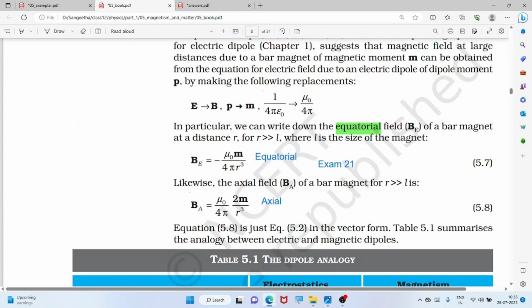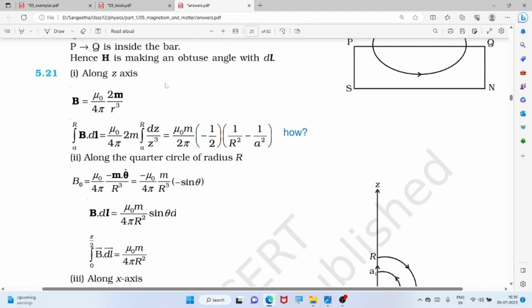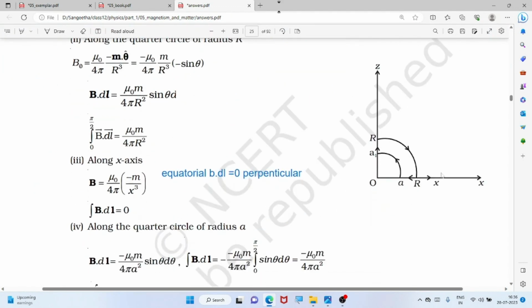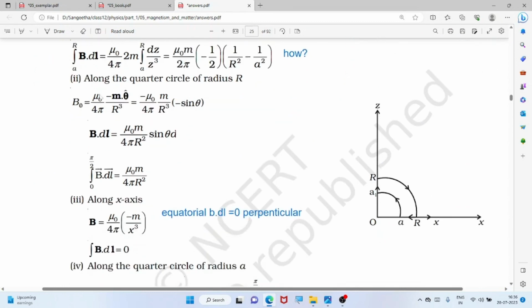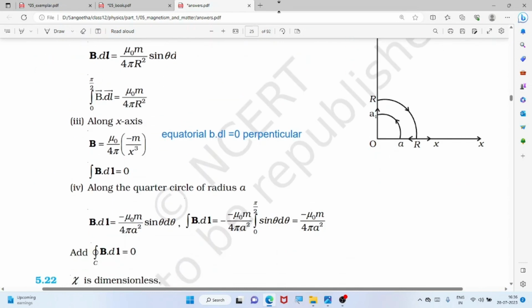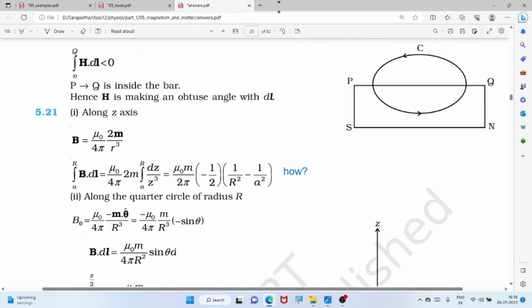Axial will be double the equatorial one. So that is 5.21. Here is the diagram, and various axes they have given, along the z axis and along the x axis. So you can go through this answer.